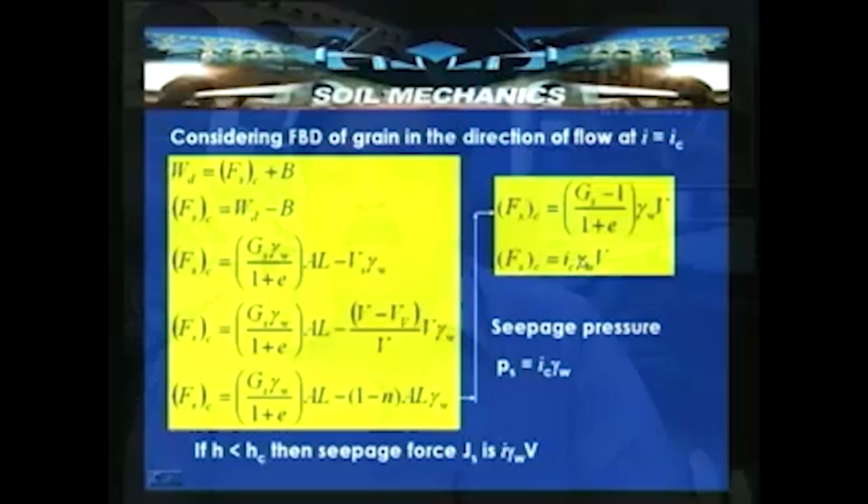This is also indicated by seepage force Js, and is also termed the weight of the fluid phase undergoing this particular flow phenomenon. The seepage pressure is nothing but seepage force per unit volume.